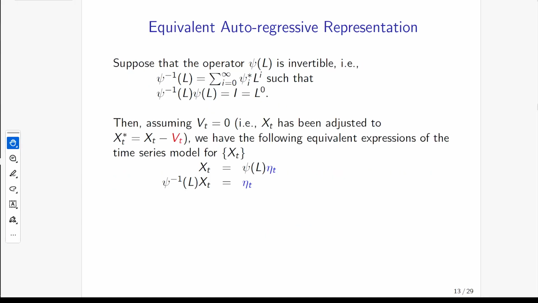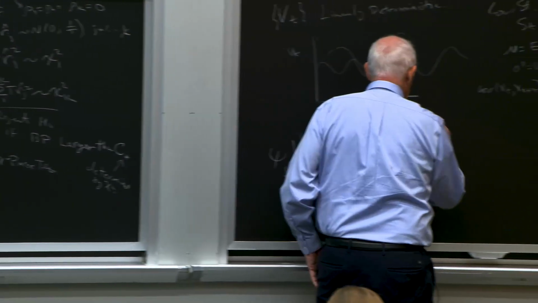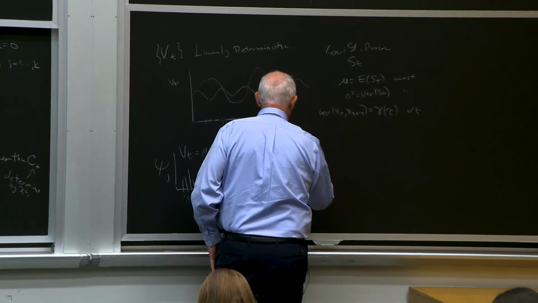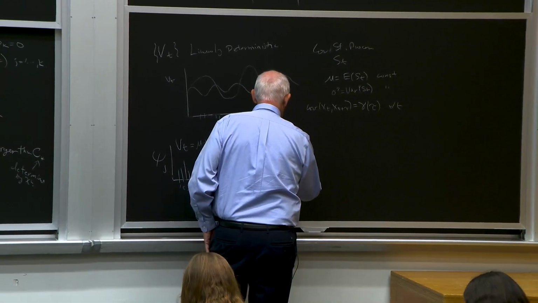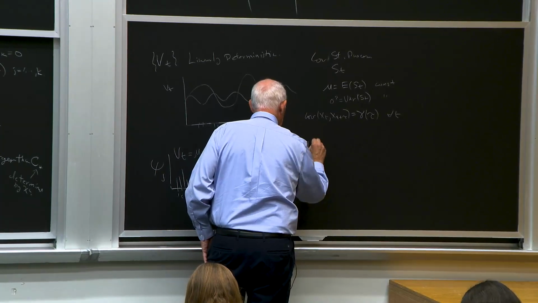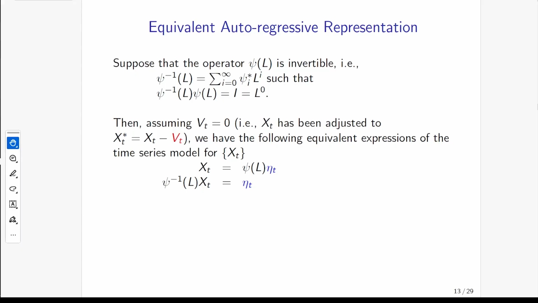Now, what's interesting about the psi of L process, so if we have psi of L equal to the sum from 0 to infinity of psi j L to the j, it's possible that this operator is invertible.